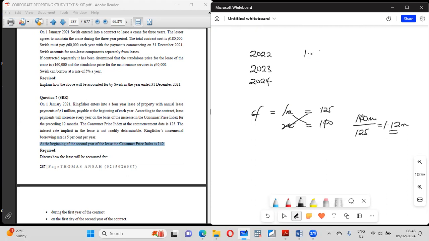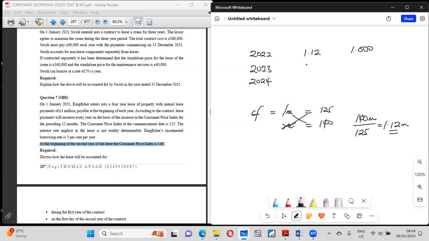Here should be 1.12. Please be careful. If we are going to PV, we're going to PV it at 1. Why? Because we are standing at the beginning of 2022. And the payment is in advance. It's not like in 2022 the payment will be at the end. It's in advance. So be very, very careful.